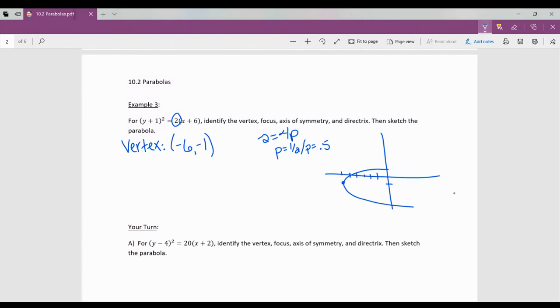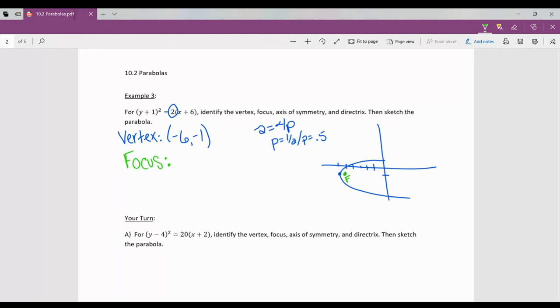So to do my focus, it's half a unit, and it's got to be inside, so it's half of a unit away from your vertex. So my focus is an x value that's half away from -6.